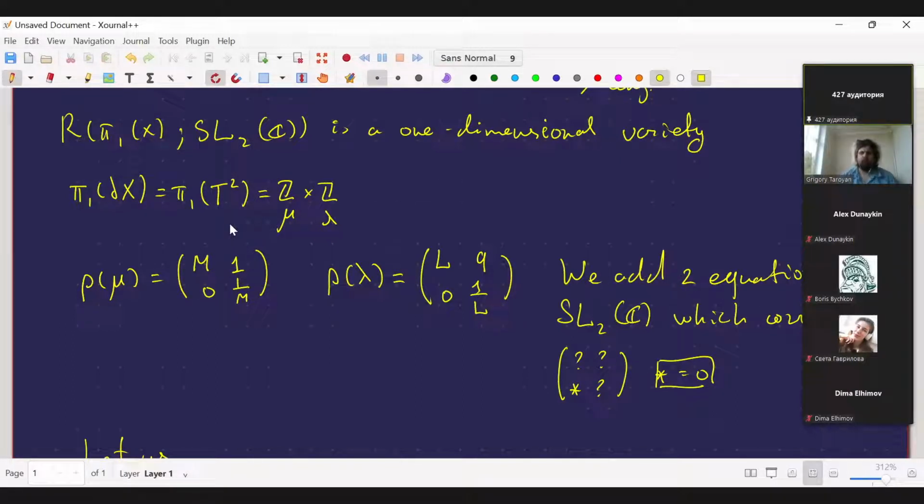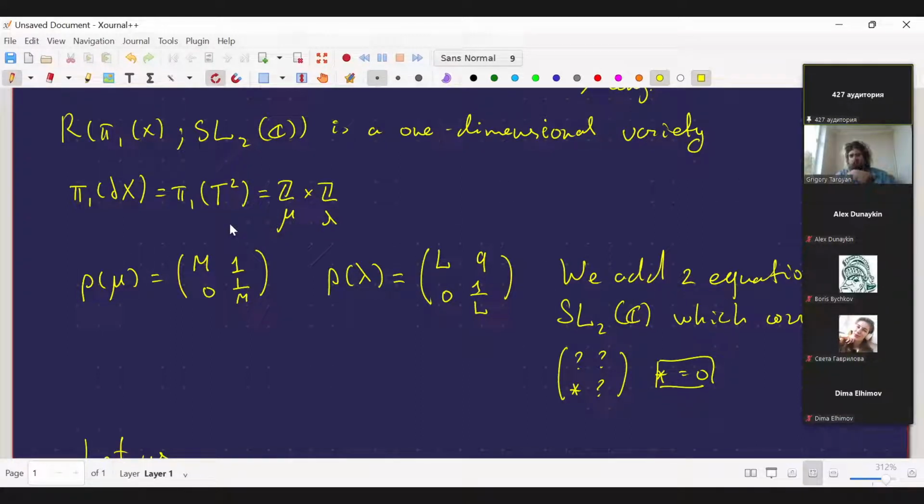При этом мы можем выбрать сопрягающую матрицу так, чтобы самый верхний треугольный элемент представления элемента μ был единицей, а у лямбда какой получится.